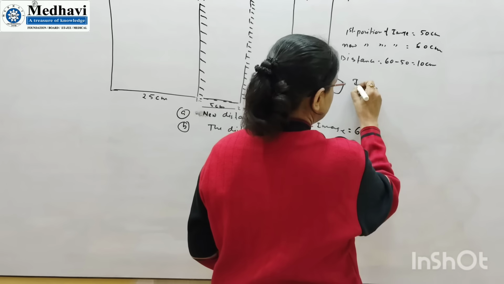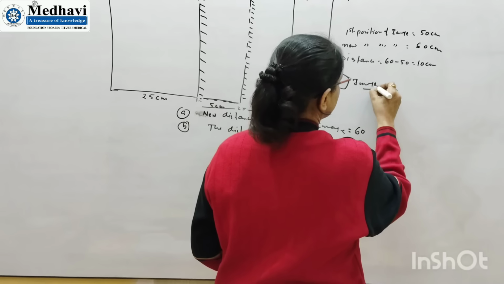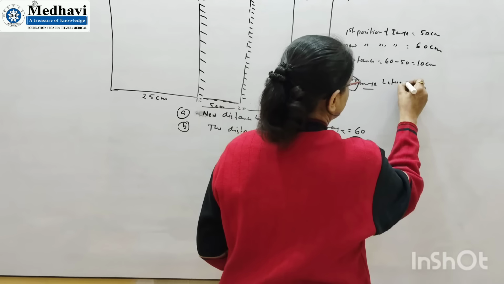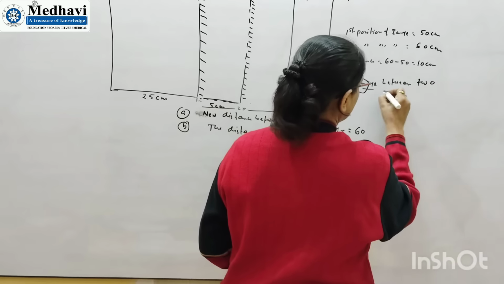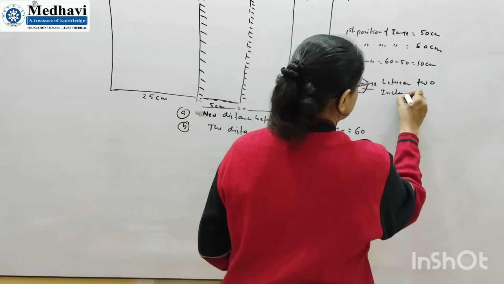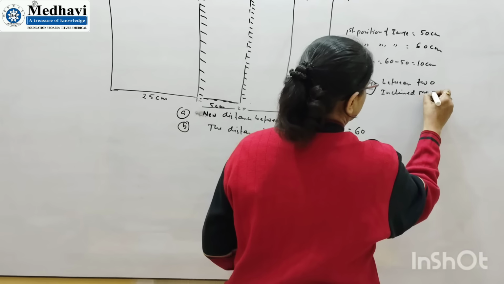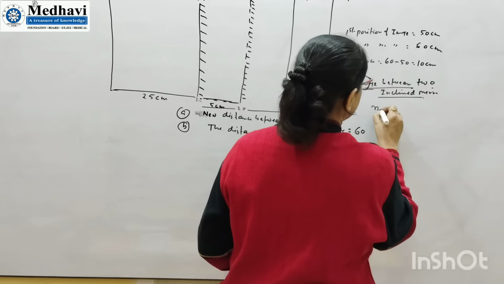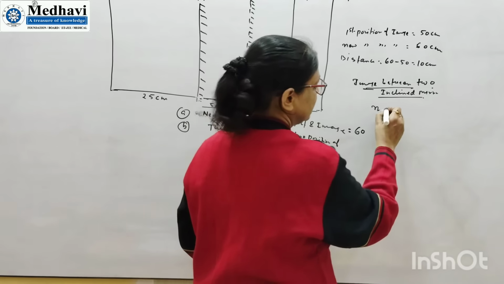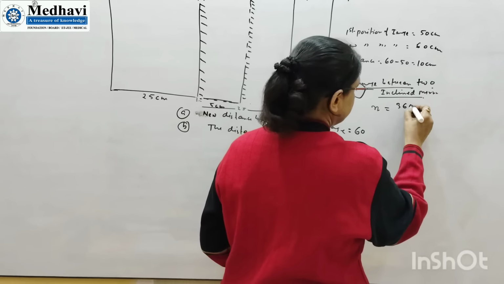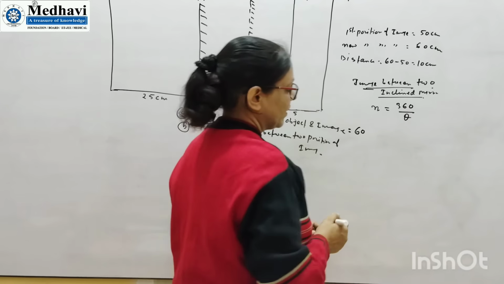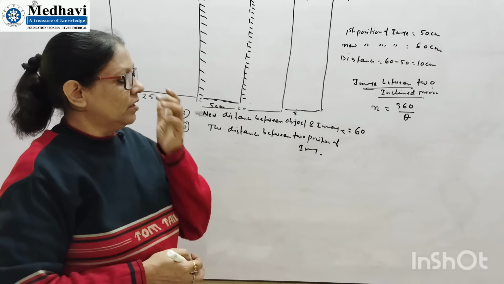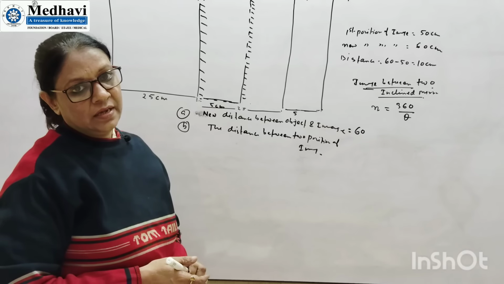So, images between two inclined mirrors. There is a formula: suppose n is the number of images. So n is 360 degree by theta, where theta is the angle between the two mirrors.